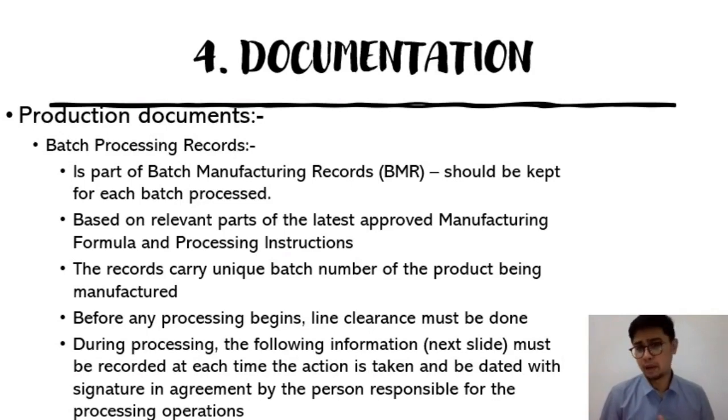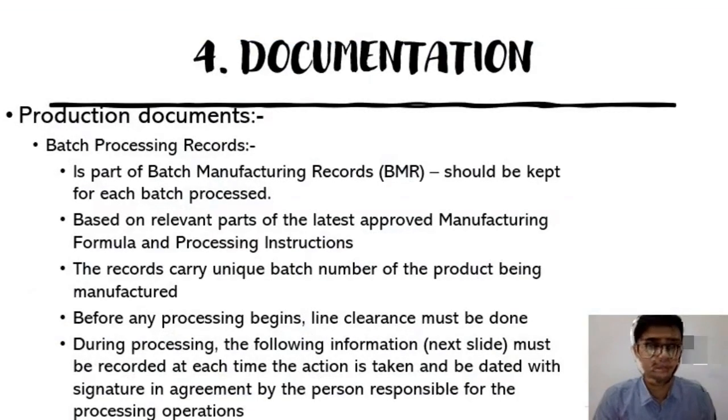But in practice, the industry usually refers to batch processing records as BMR and batch packaging records as BPR to distinguish both documents. So let's get back to our discussion. The batch processing record is a version of the latest approved manufacturing formula and processing instruction that we discussed earlier, with the addition of information that is specific to the batch number of the product involved in the process.